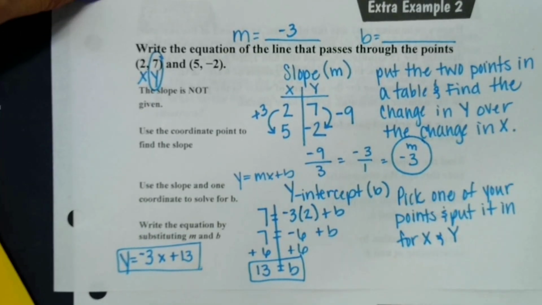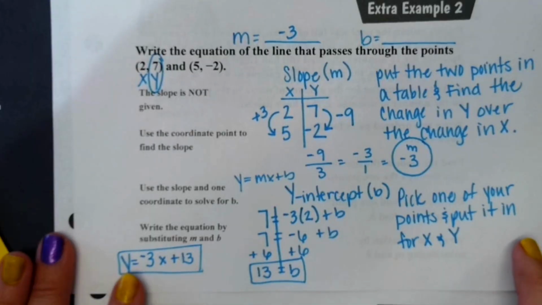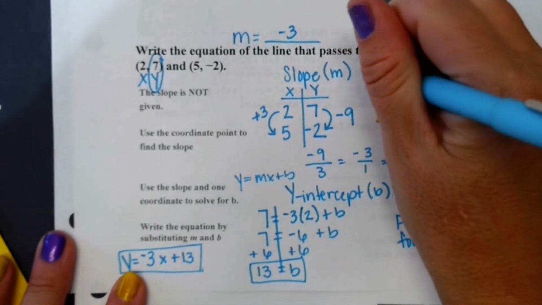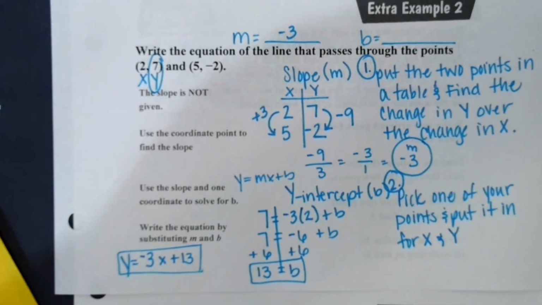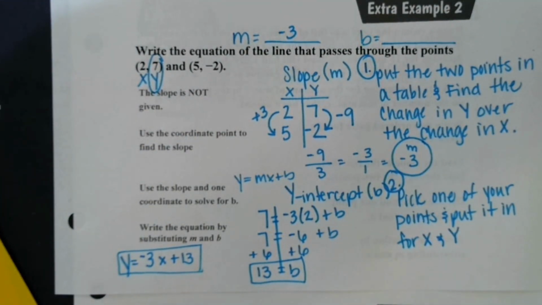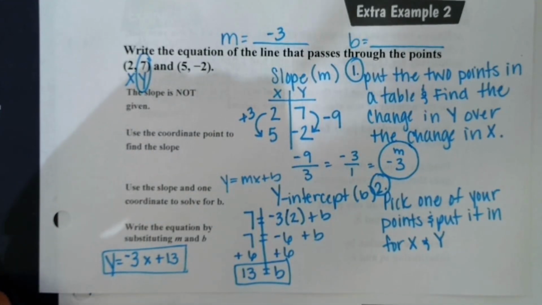So you have the example we just did. The only difference is the numbers. So follow it. This is step 1. This is step 2. So do step 1 first. Put your 2 points in a table and find their change in y over their change in x. Start there.